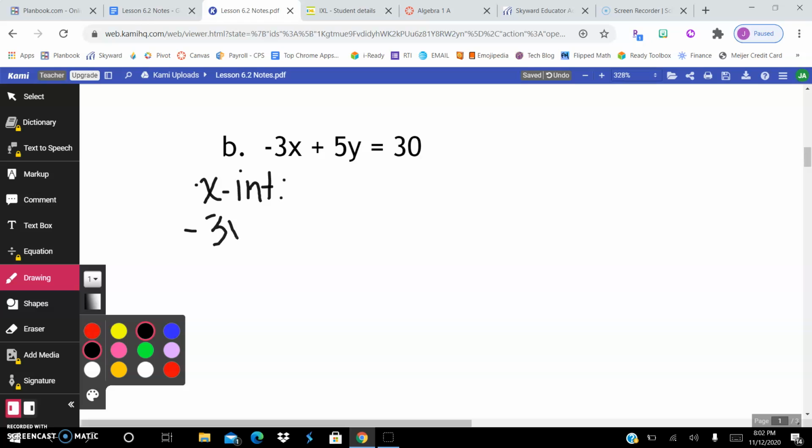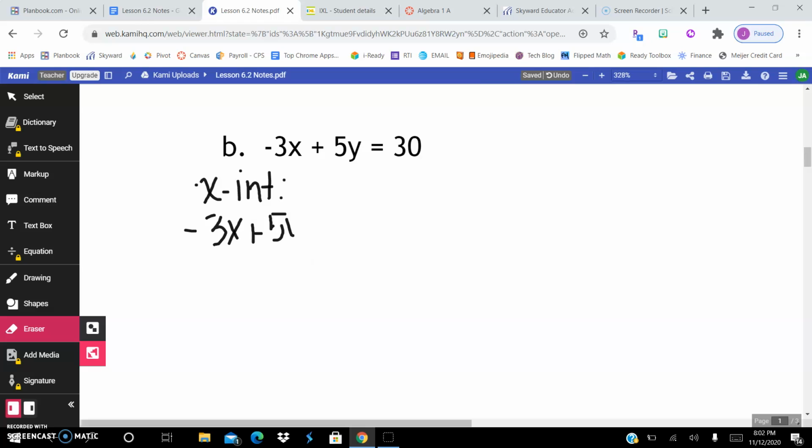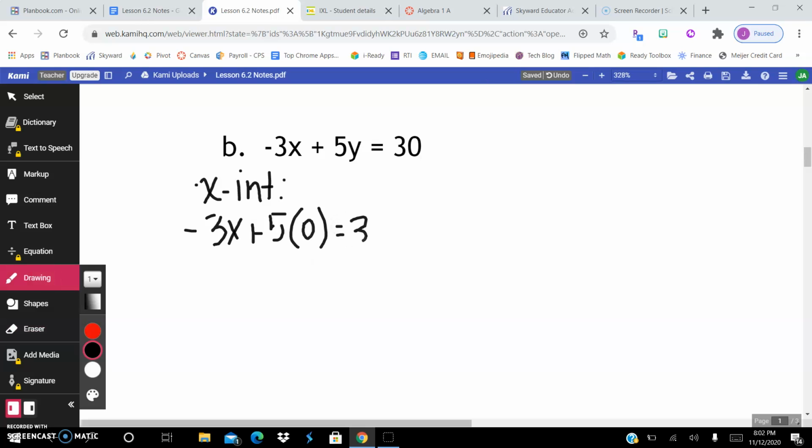So I'm going to have -3x plus 5 times 0 equals 30. And 5 times 0 is 0, so that's going to go away, and I'm just going to have -3x equals 30. So what times -3 would give me 30? Well, that would be a -10.